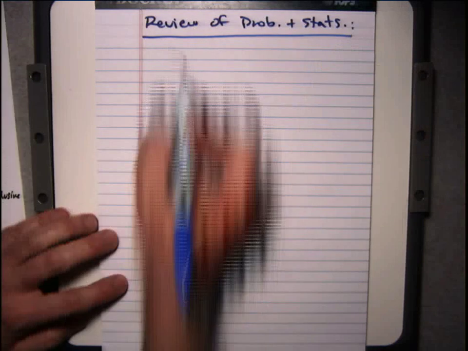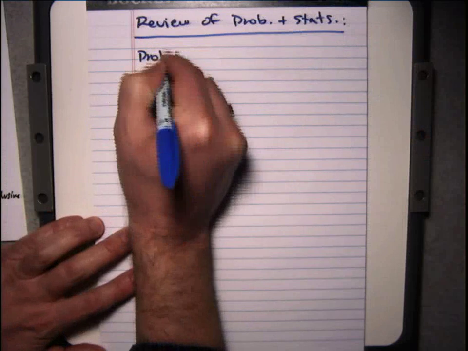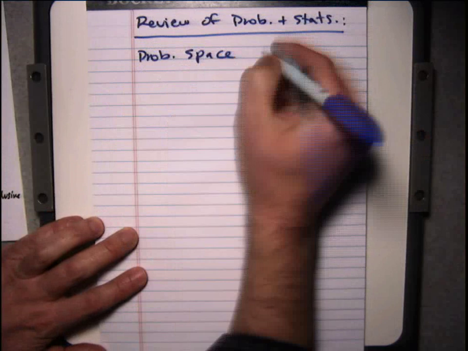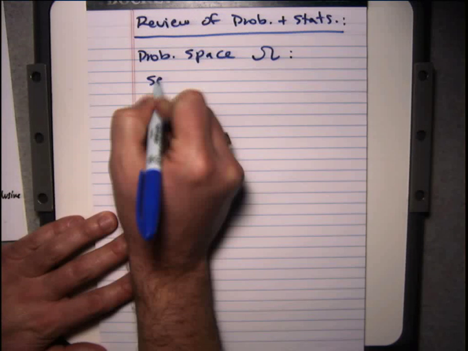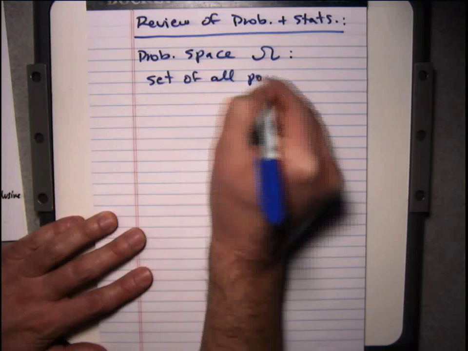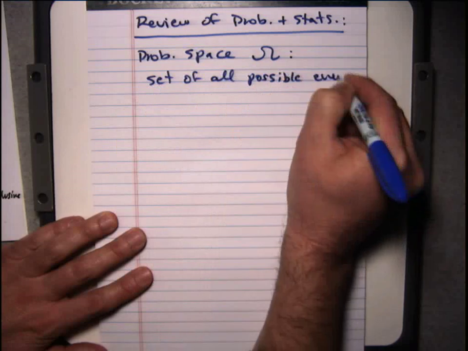First of all, there's the definition of a probability space. We call this some big set omega, and this is the set of all possible events.